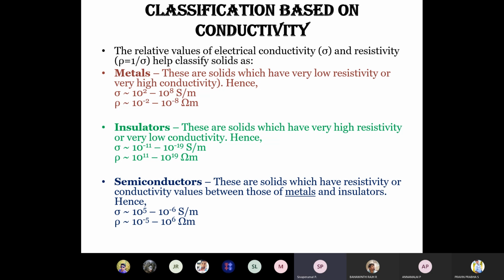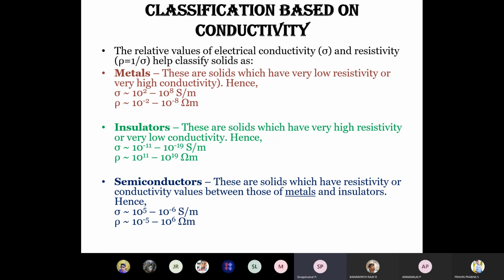For an insulator you find the same thing. Here there is high resistivity or low conductivity, so sigma is between 10 power minus 11 and 10 power minus 19, while for resistivity the positive exponents appear. For a semiconductor, the solid state has resistivity and conductivity values between those of metals and insulators.